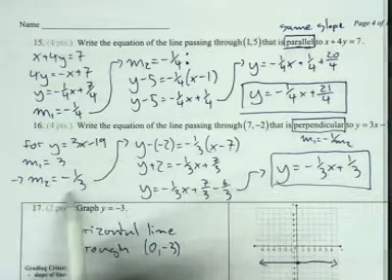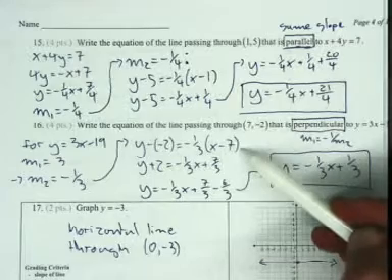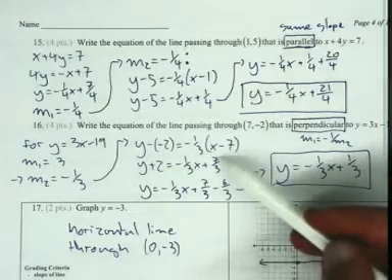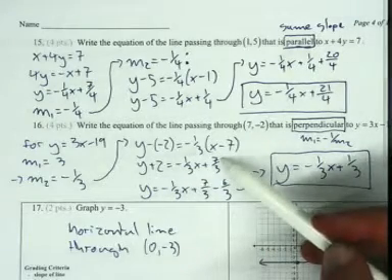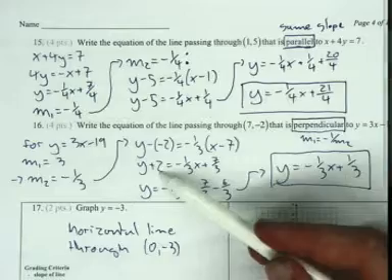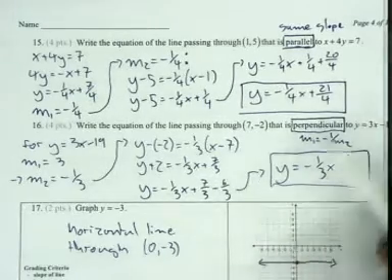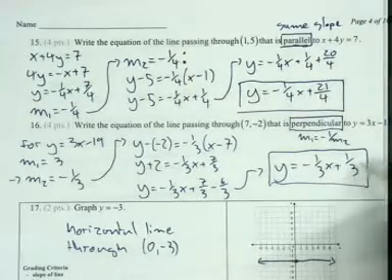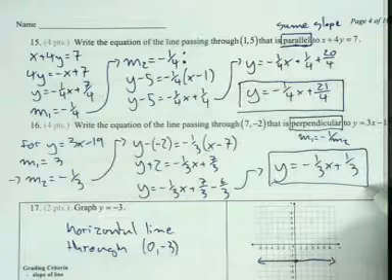That means our perpendicular slope is a negative 1/3. Plug that into your point slope equation. Now you get a 7/3, so you have to subtract 2 from 7/3. So 2 with the denominator 3 is going to be equivalent to 6/3, so 7 minus 6 is going to be a 1/3, and there is the answer to our question.